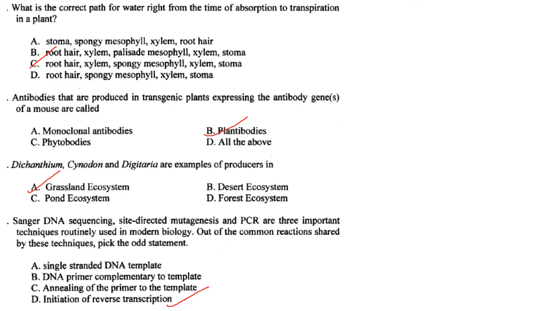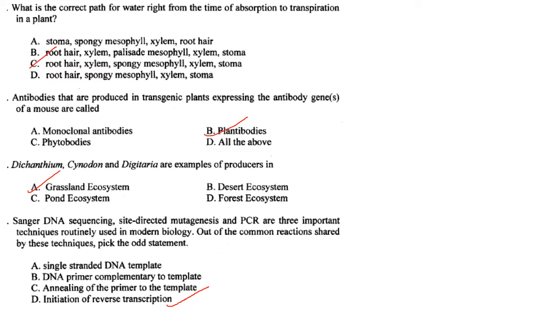Then Sanger DNA sequencing, site-directed mutagenesis and PCR are three important techniques routinely used in modern biology. Out of the common reactions shared by these techniques, pick the odd man out. So single-stranded DNA template. For DNA sequencing, PCR, and site-directed mutagenesis, you require a single-stranded DNA template.